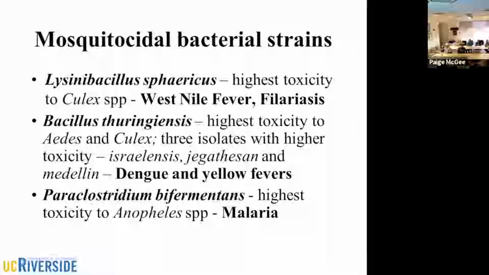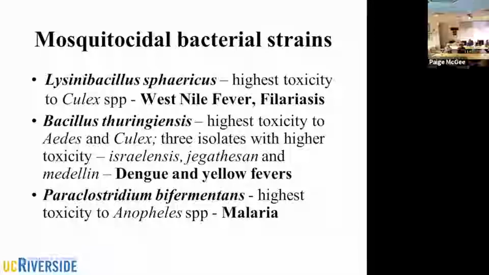Now, the reason we tend to work with these bacteria is because of the diseases that these mosquitoes transmit. Culex transmits West Nile virus and also filariasis. So the control of this, particularly in Brazil, for example, was quite important. And also, for example, they've used it in control in Europe and in China.